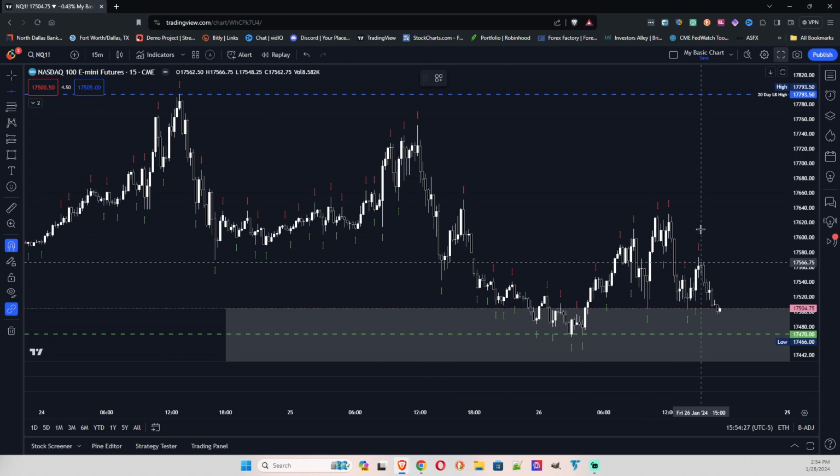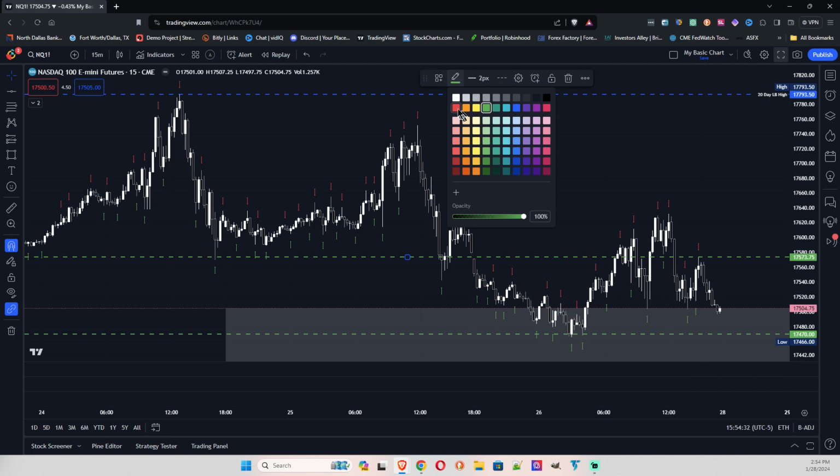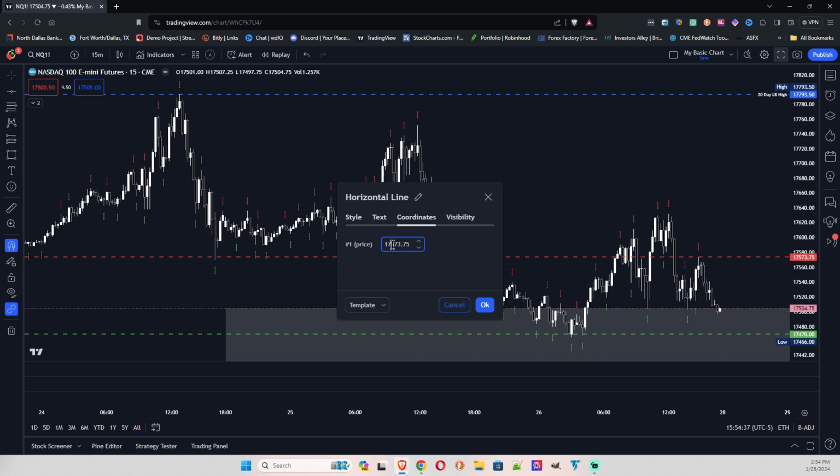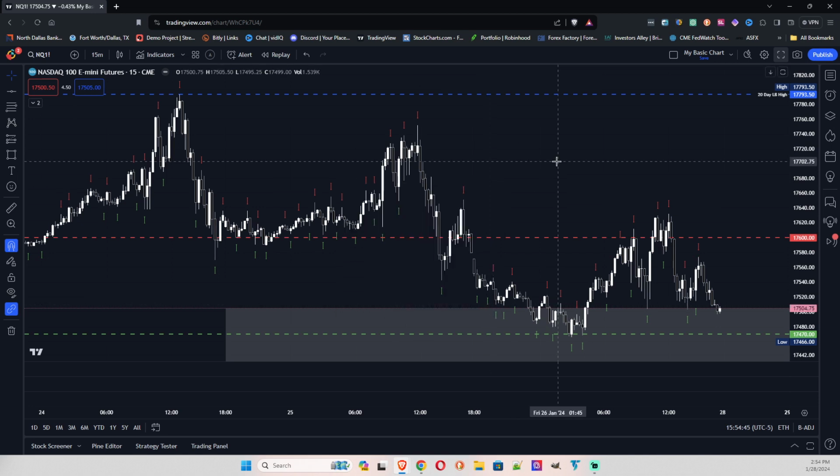Let's do that. We'll make it red since price is below it. Yeah, we're kind of in like a 100 to 150 point range, it looks like. So this is kind of how I start my week.